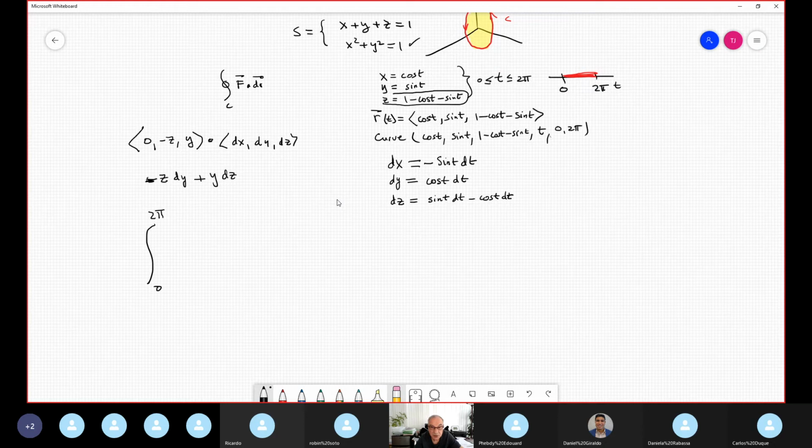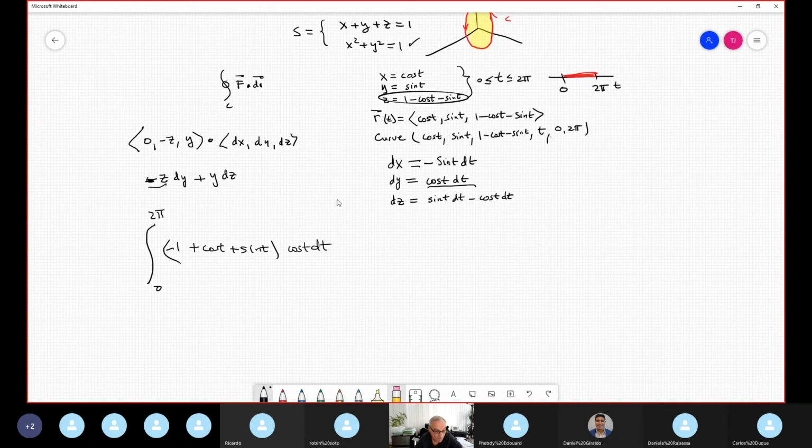This is z. Minus z is opposite sign. Entonces -1 plus cosine t plus sine t. This is z. dy. dy is cosine t dt. Multiplication cosine t dt.